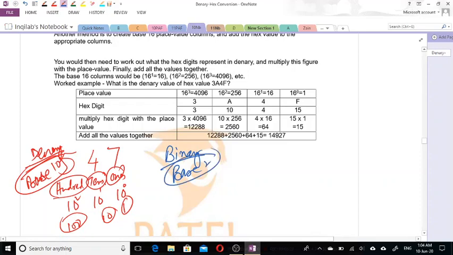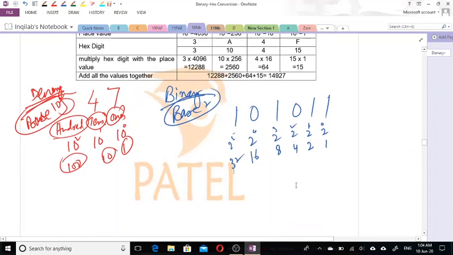In the base 2 number system, whenever a binary number is given, we write down the powers of 2: 2 power 0, 2 power 1, 2 power 2, 2 power 3, 2 power 4, and 2 power 5. 2 power 0 equals 1, 2 power 1 equals 2, 4, 8, 16, 32. These are the place values in binary.